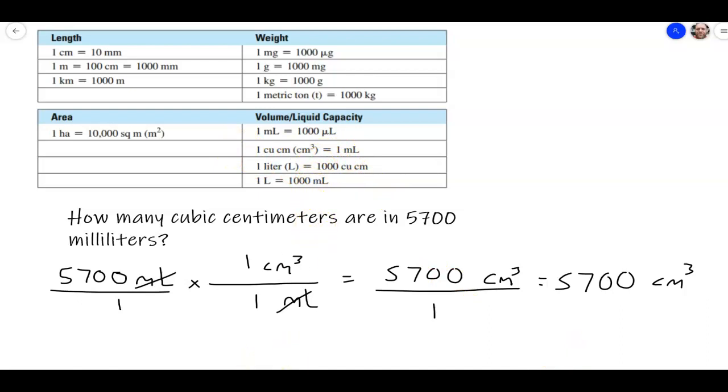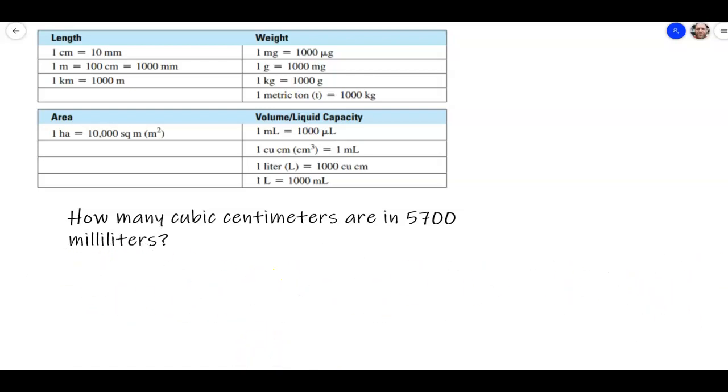All right, let's go ahead and take a look at another example here.